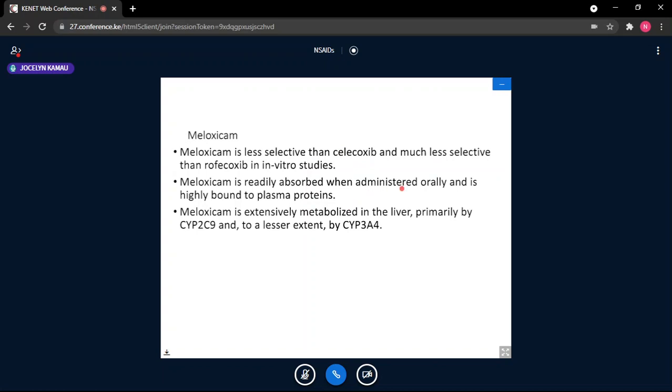When administered orally it is highly plasma protein bound. It is extensively metabolized by the microsomal cytochrome P450 enzyme, and we have said through oxidative hydroxylation of the methyl group that is found in the thiazole ring.